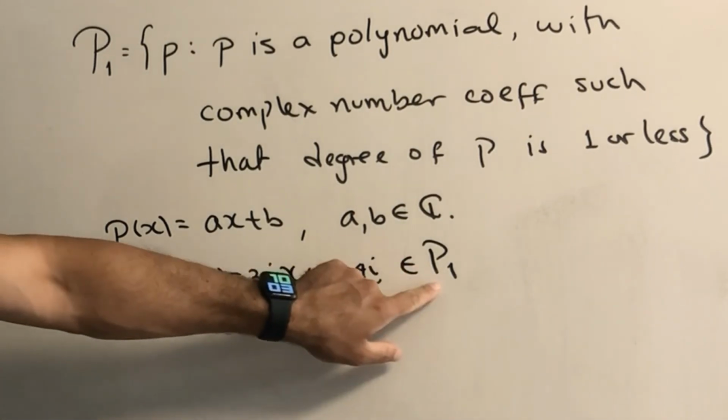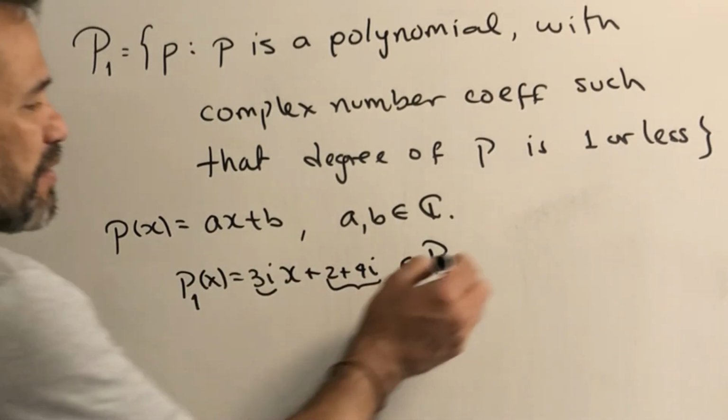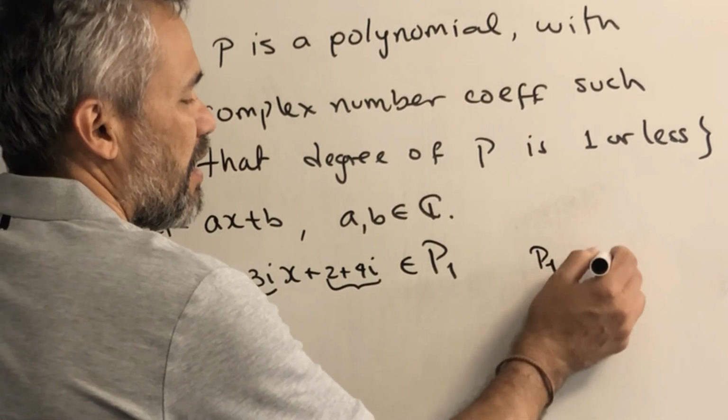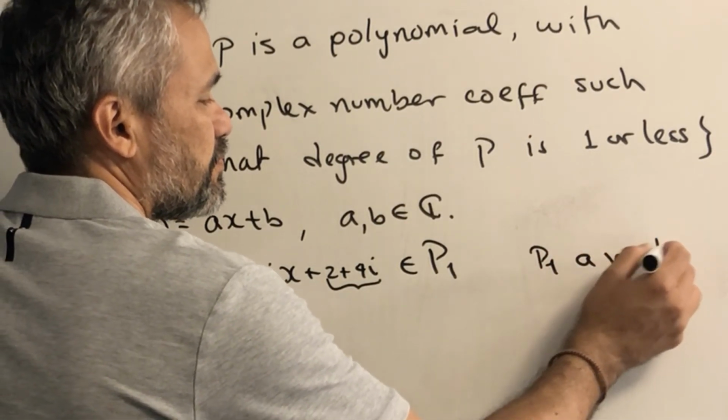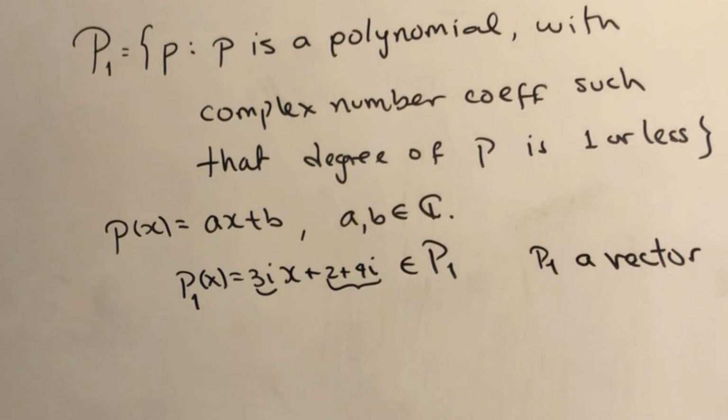Since this is an element in P1 and P1 is a vector space, then we're going to be calling it a vector. We can generalize this example to any n.